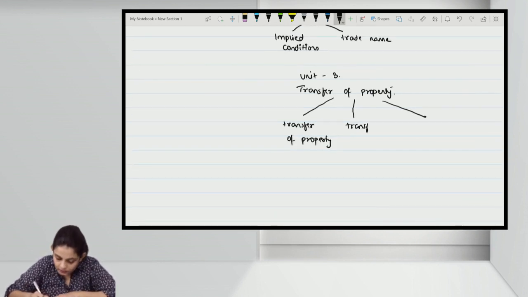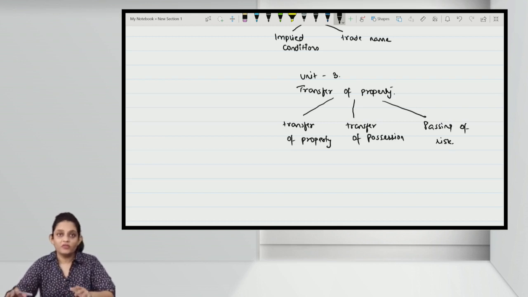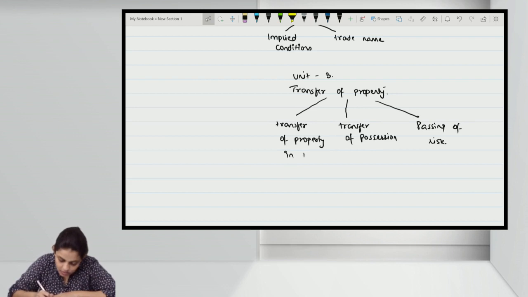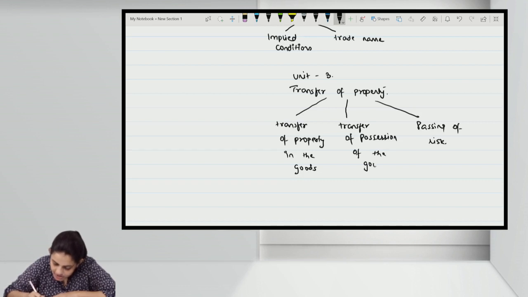Then transfer of possession of the goods, and finally passing of risk. Right? There are 3 stages in which transfer of property takes place.